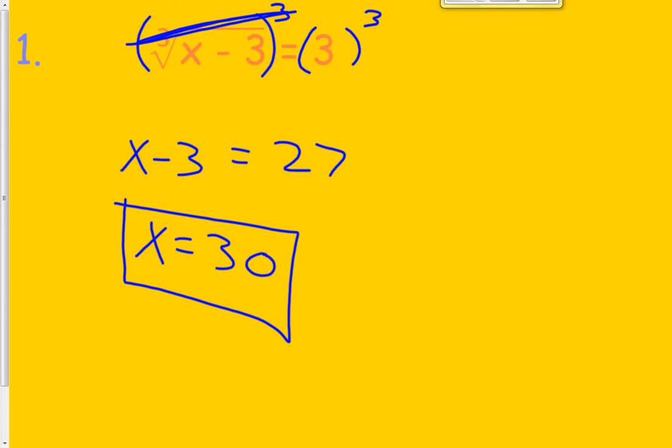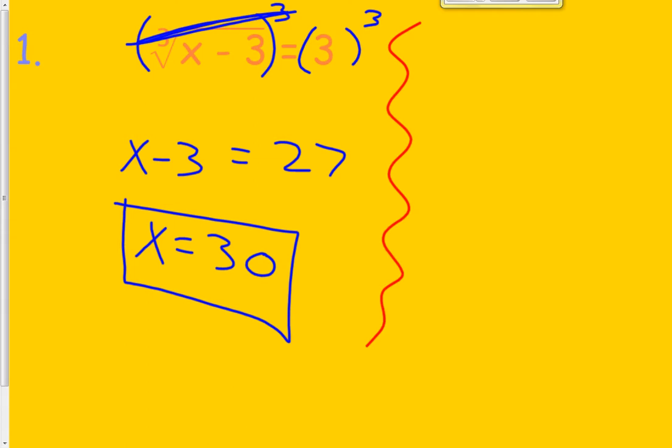So normally when we solve equations, I give you the option. I say it'd be a good idea to check your work, but you don't have to if you don't want to. This lesson, I'm not giving you an option. You must check your work, because there are times where you can do everything mathematically correct and still get an answer that doesn't work. It's called an extraneous root. So you've got to be careful of that. So on every single one of these, be sure to check your work.